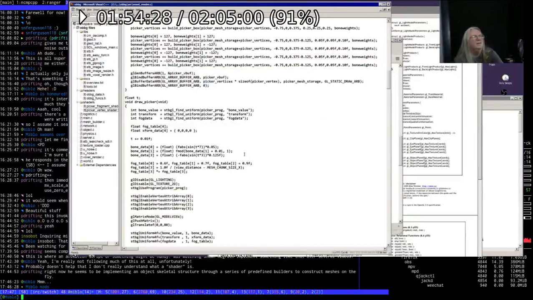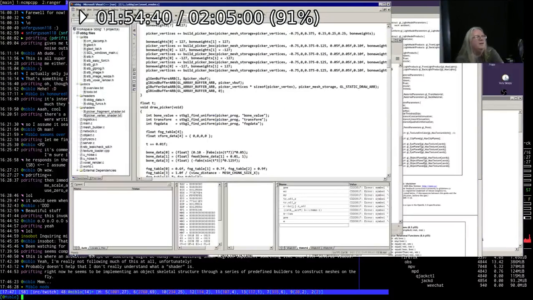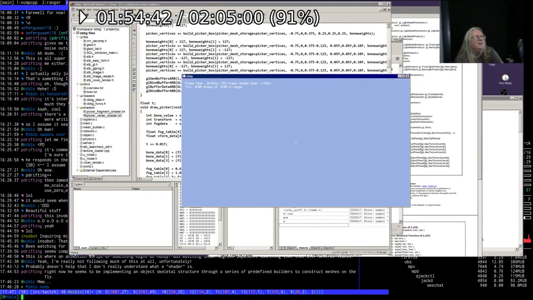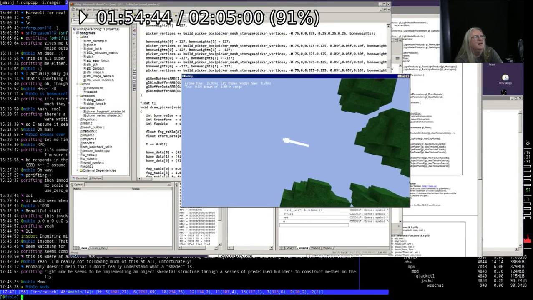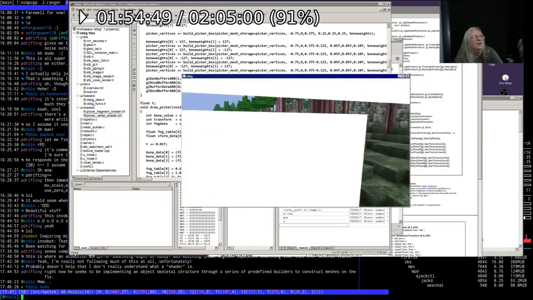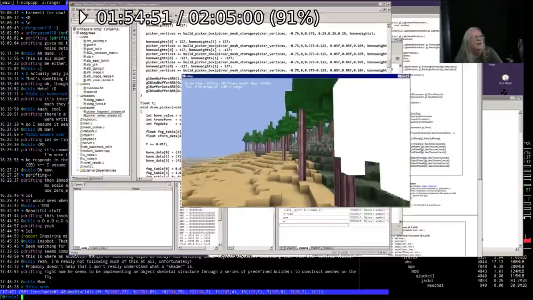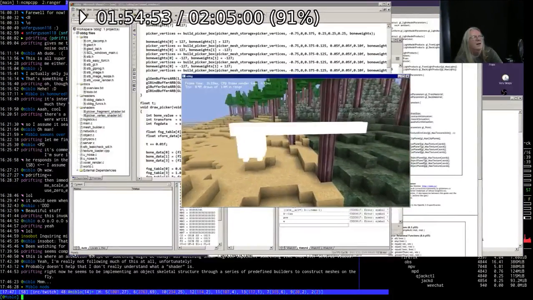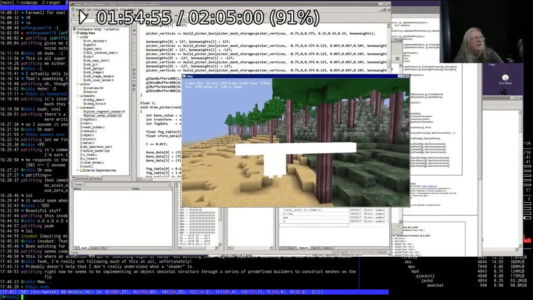Okay, and what we actually want that to do is base A. We don't want to close all the way.